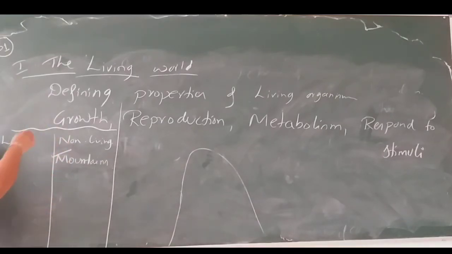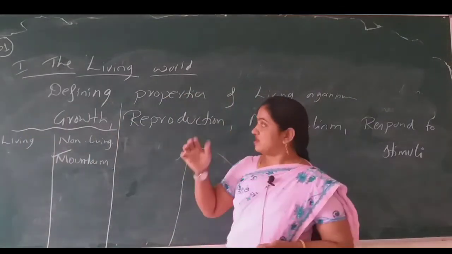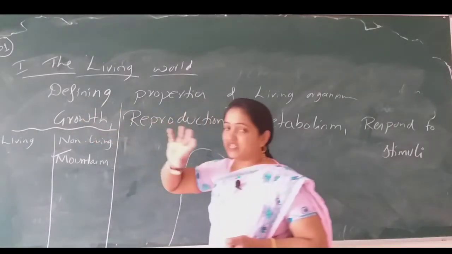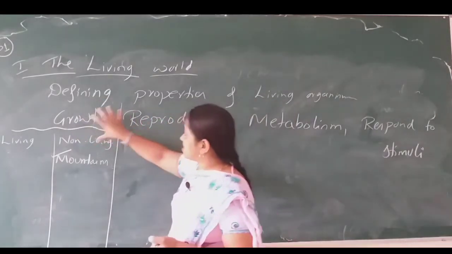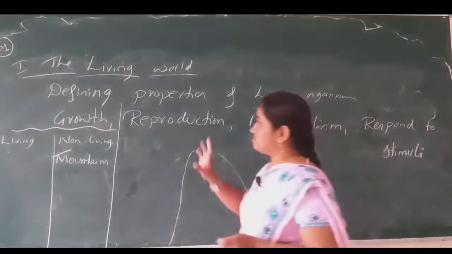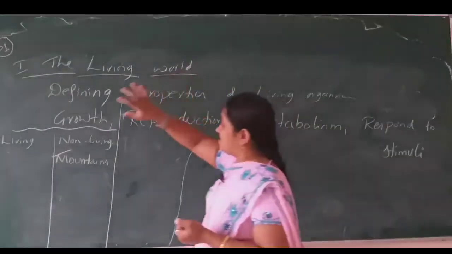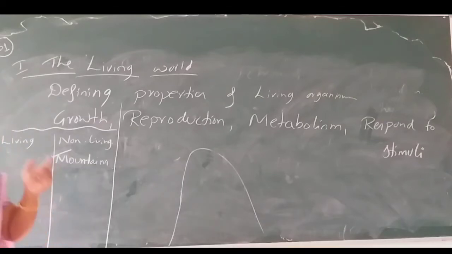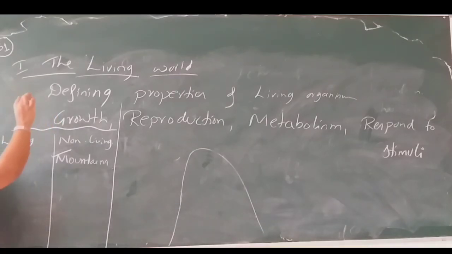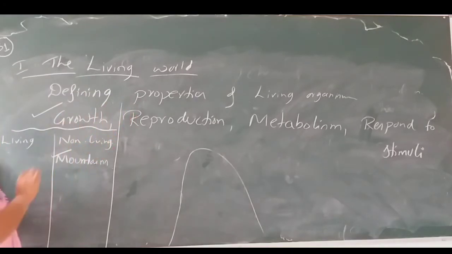Yes, my dear students, this is how we give explanations about these kinds of properties, and how we can conclude whether the organism is living or non-living. The property belongs to both living and non-living. That's why we cannot put this property under living organism.